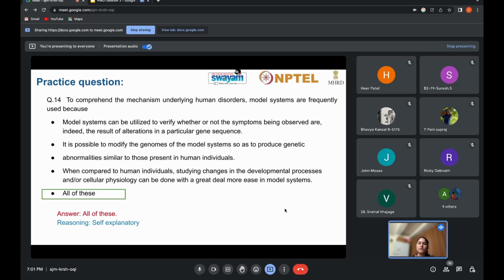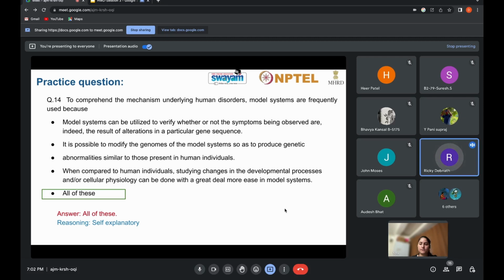So maybe for the next session, I'll find certain examples related to balanced translocations. But as of now, I can't give you an example. But yes, balanced translocation can also have detrimental effects on individuals, similar to imbalanced translocations, depending on the region where the translocation is occurring and the significance of that region.